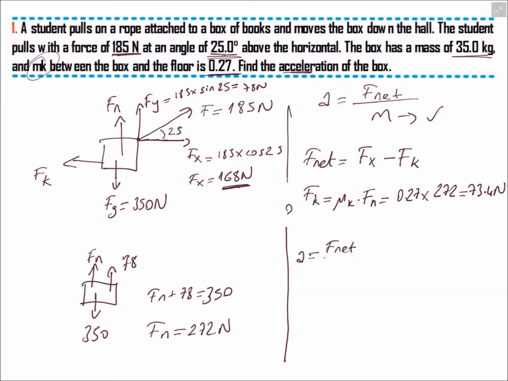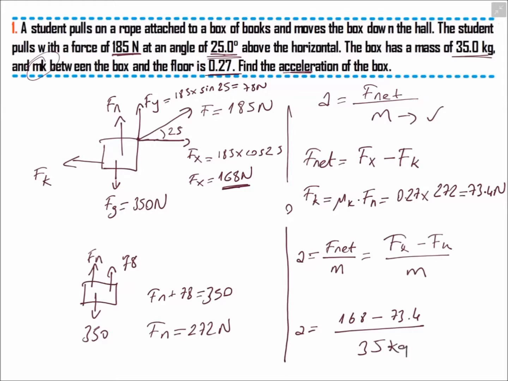Acceleration equals F net over mass. F net equals Fx minus Fk. So acceleration will be Fx is 168 minus Fk is 73.4 over mass is 35 kilogram. And acceleration is gonna be 2.7 meter per second squared.